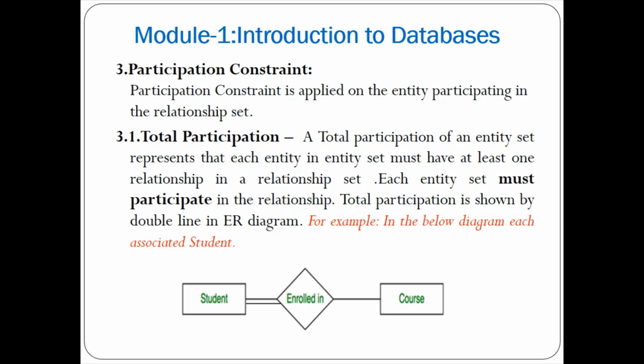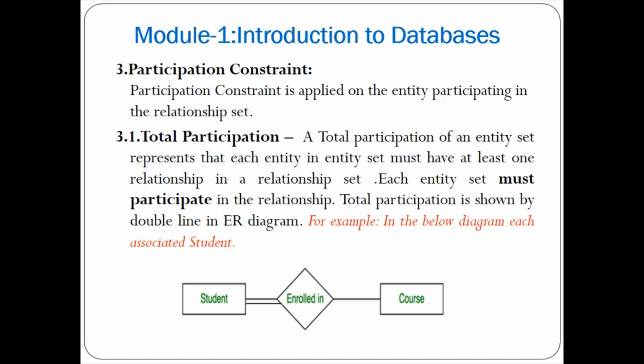It specifies that each entity in the entity set must compulsorily participate in at least one relationship instance in the relationship set. That is why it is called mandatory participation. Total participation is represented using a double line between the entity set and relationship set.